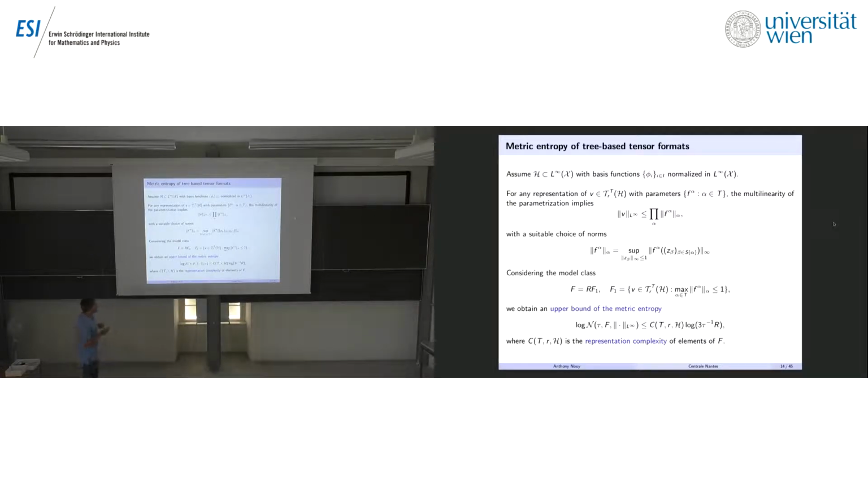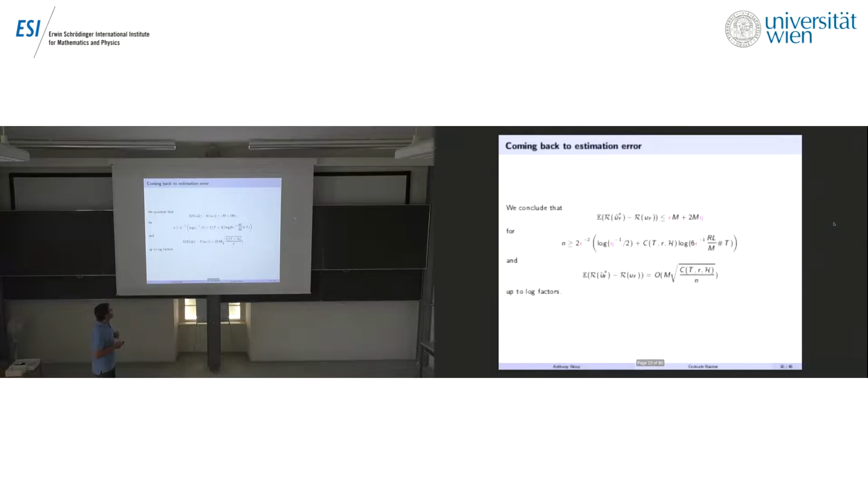You have a metric entropy which is proportional to the representation complexity of elements of the model class. Having this, you obtain a bound of the estimation error like this, under the condition that the number of samples is greater than this expression, which is linear in the complexity of the representation and logarithmic in the inverse of the probability. Then when you take the infimum over epsilon, as I said before, you obtain a typical bound, as a square root of the complexity of the format divided by n.